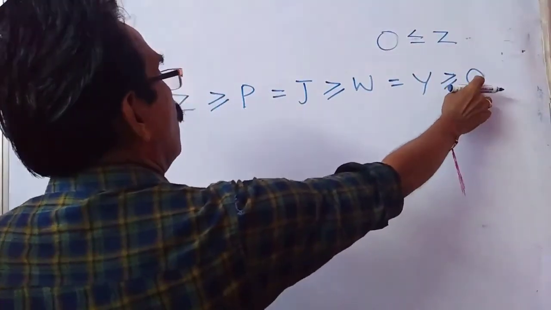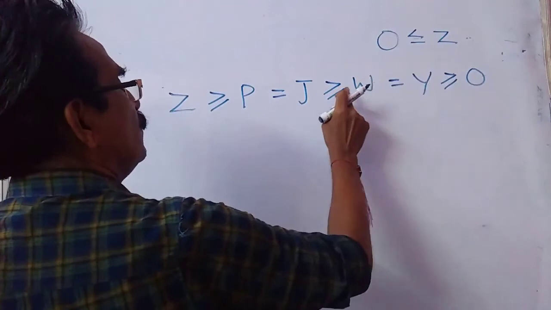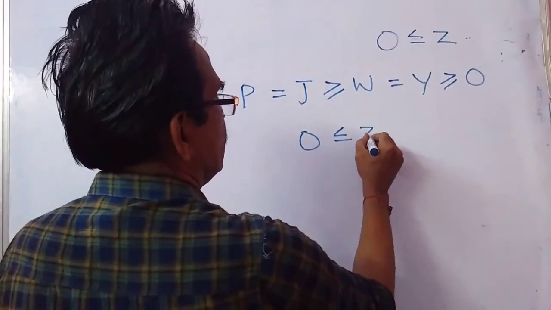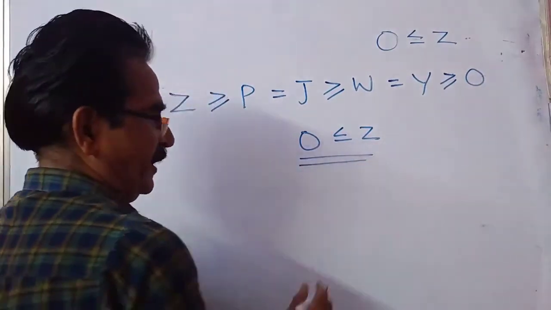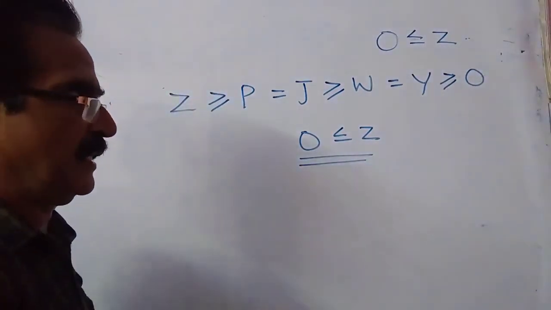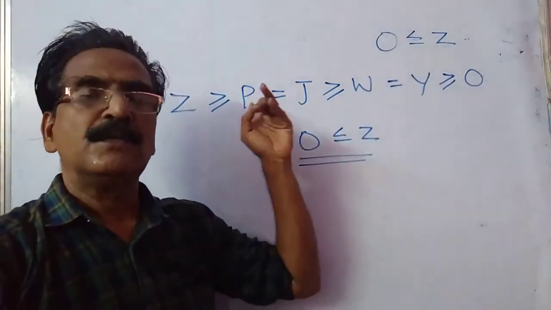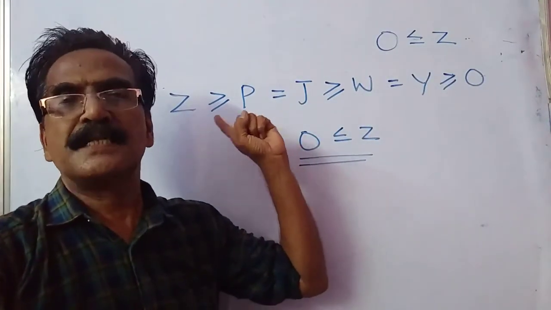So O less than or equal to Z safely and certainly follows from this statement. So your answer, your option, is this.